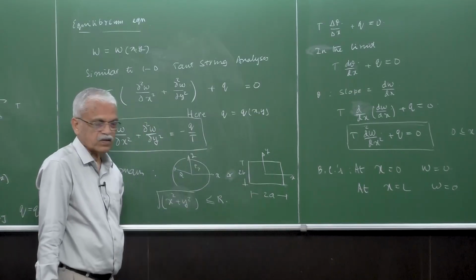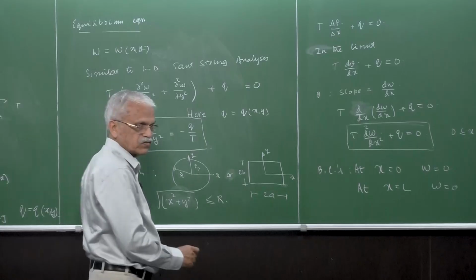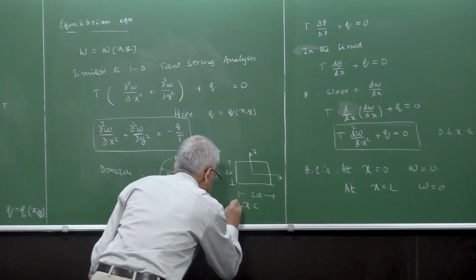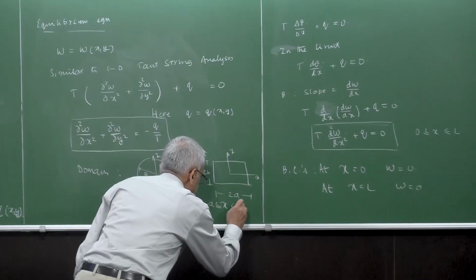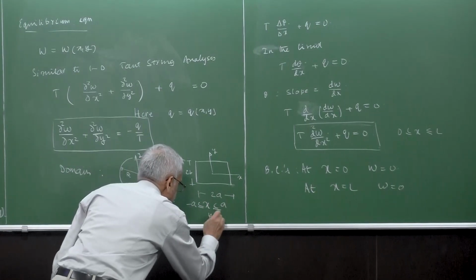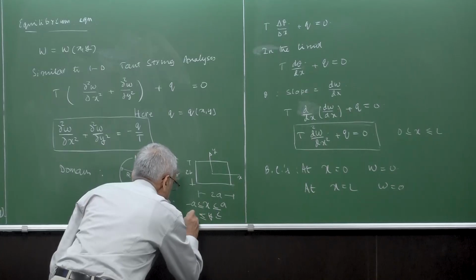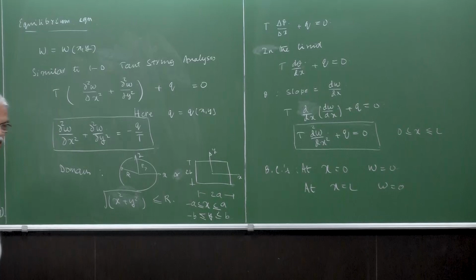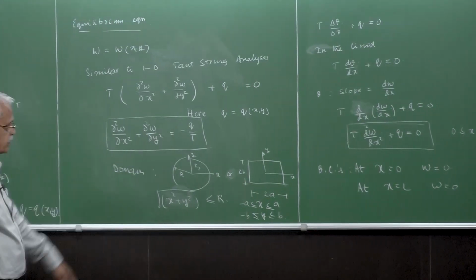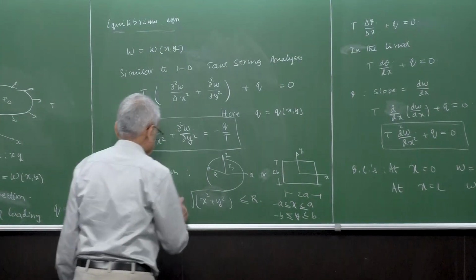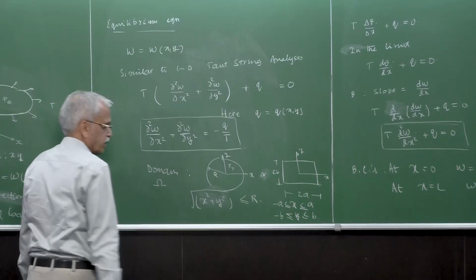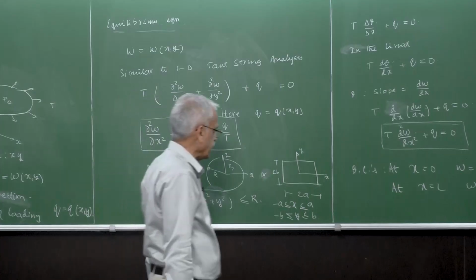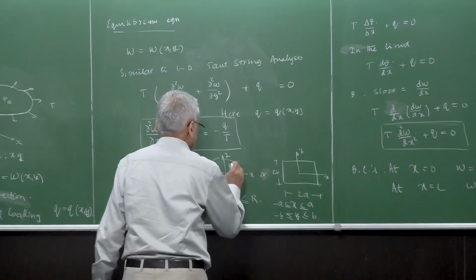Whereas here you can also define the domain as x varying between minus a to plus a, and y going from minus b to plus b. So it depends upon the type of problem you have, and we call it the domain. Usually we represent it by capital omega, and then we also have the boundary here.